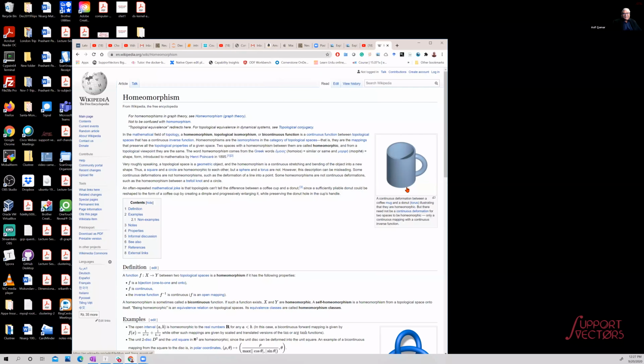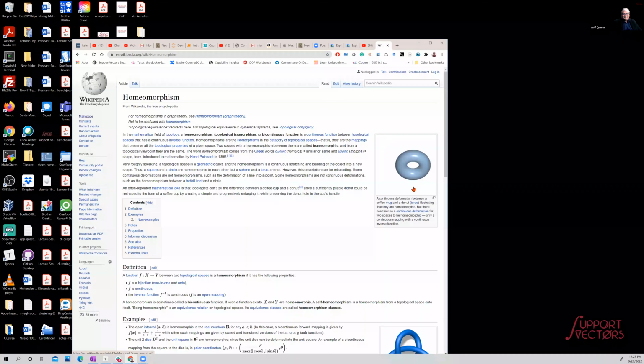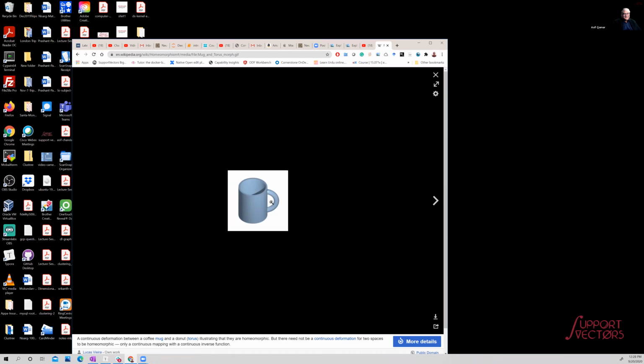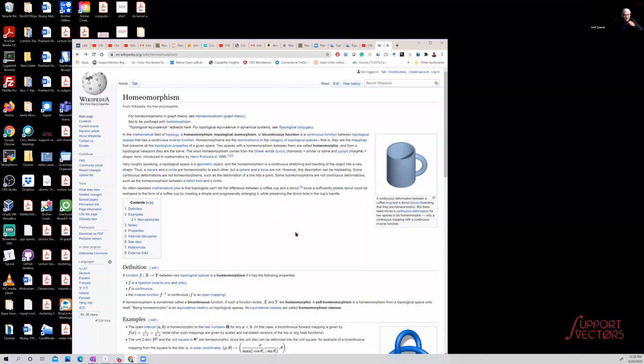Do you see how a donut becomes a cup? Look at this. Are you seeing the point, guys? Yes. This is the heart of homeomorphism.